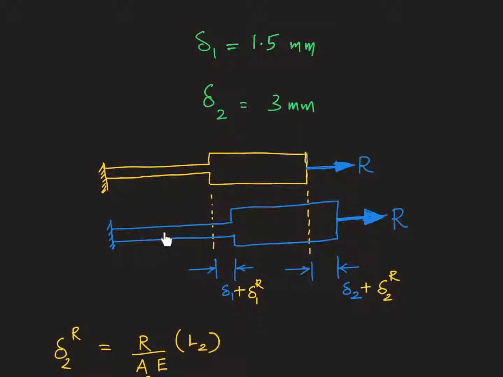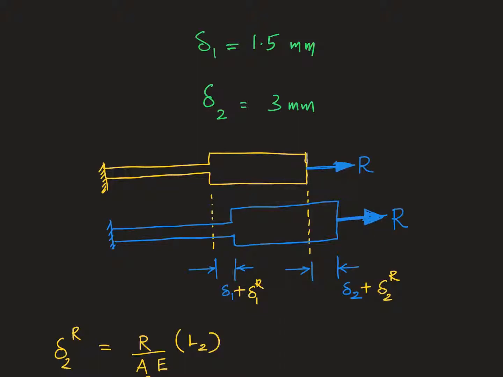This segment will be further extended by an amount delta 1 superscript R, caused by the force capital R, while this was coming from thermal effects. Similarly, the second segment will be further elongated by an amount delta 2 superscript R, again due to the force capital R.